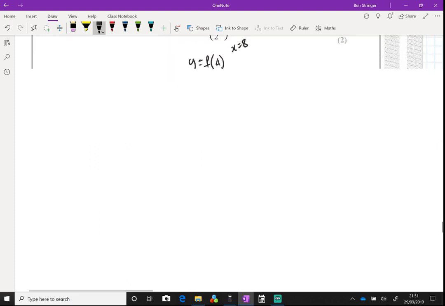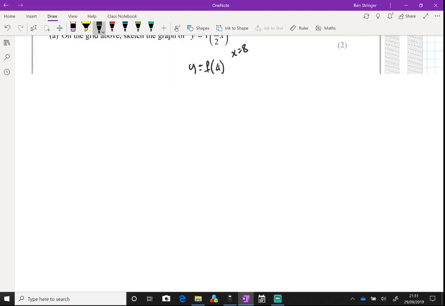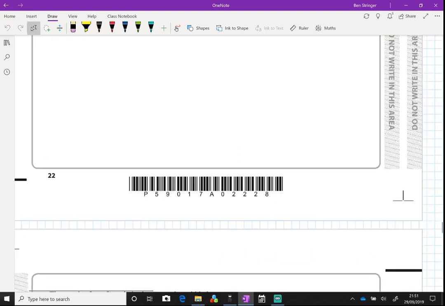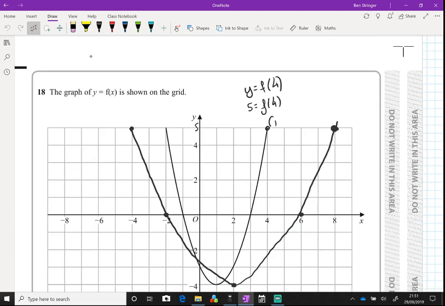And now, what's it asking? Y is equal to f of x plus k. So this point here is at 1, 5. It originally was at 4, 5. So it's been shifted back 3.